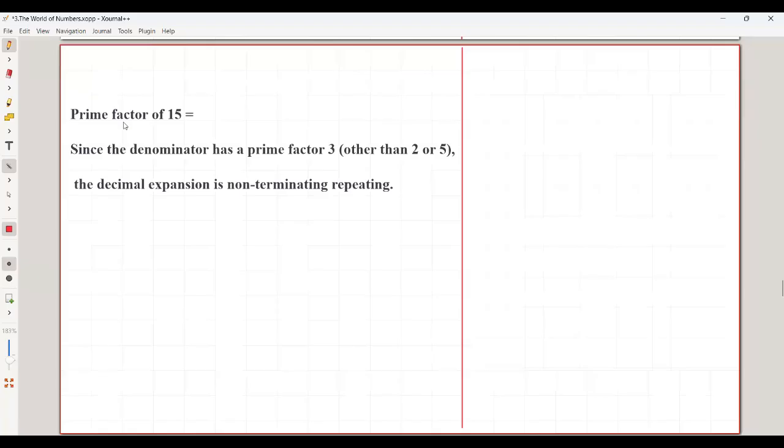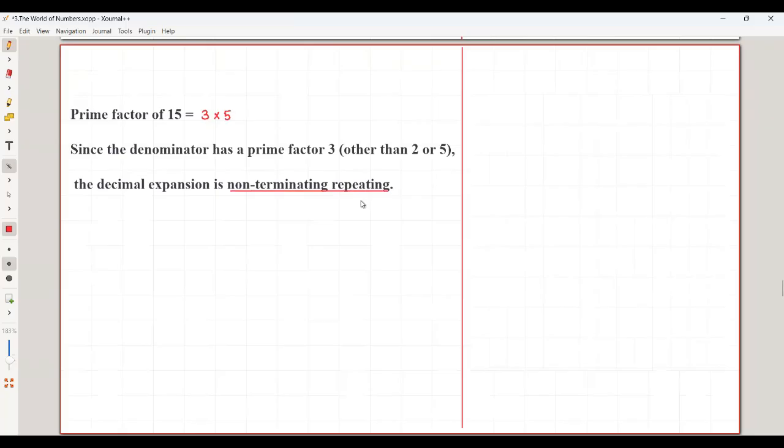Now, second question, we have to find the prime factor of 15. You can write it as 3 into 5. Since the denominator has a prime factor other than 2 and 5, 5 is there but 2 is missing. Therefore, the decimal expansion is non-terminating repeating.